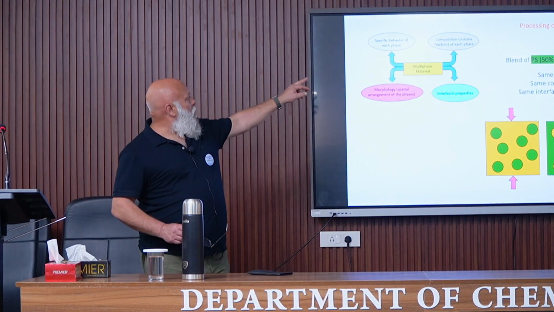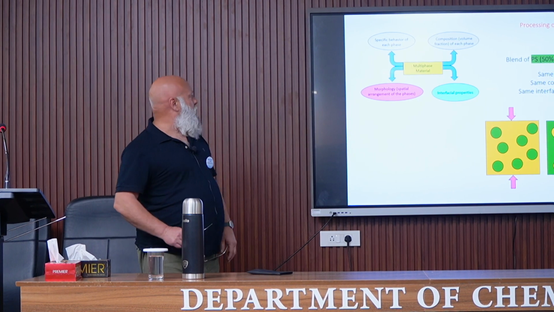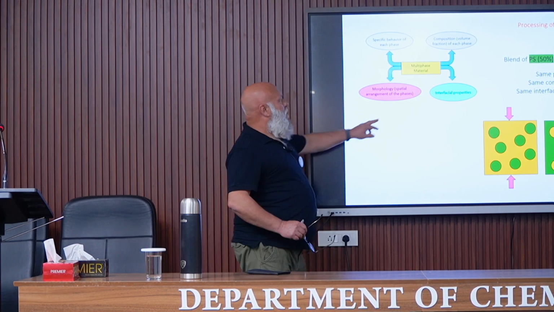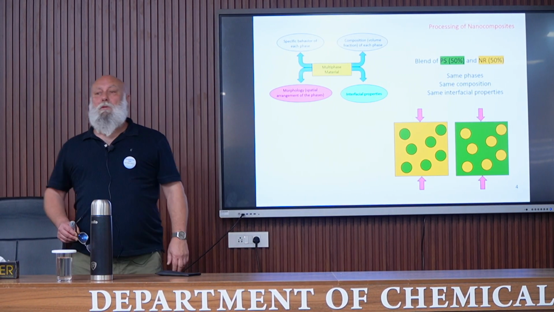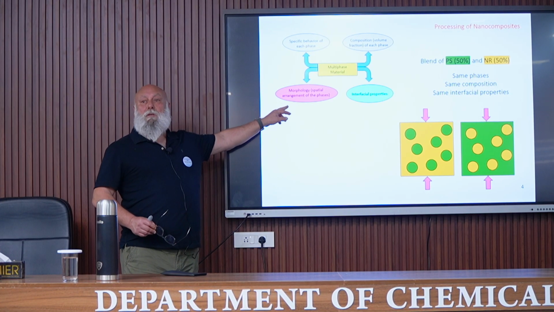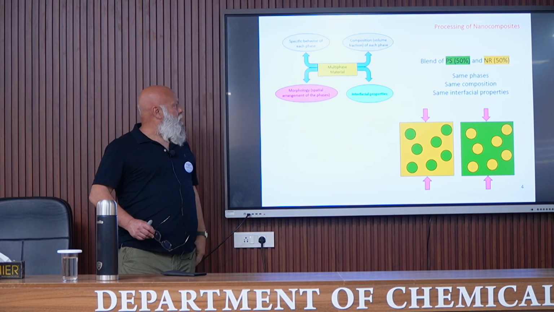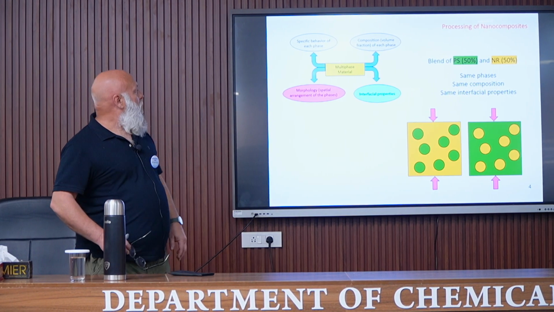The second one is the composition, the volume fraction of each phase. The interfacial properties are also important, of course, but not only. There is an important parameter, which is the morphology, in the sense of spatial arrangement of the phases.